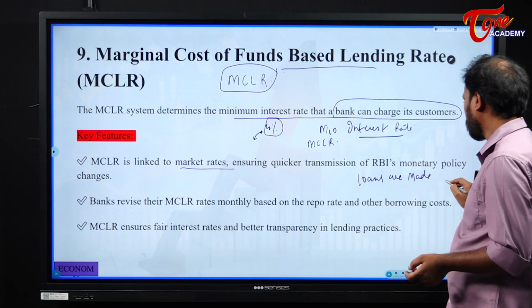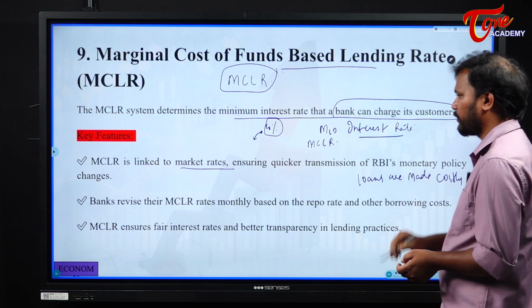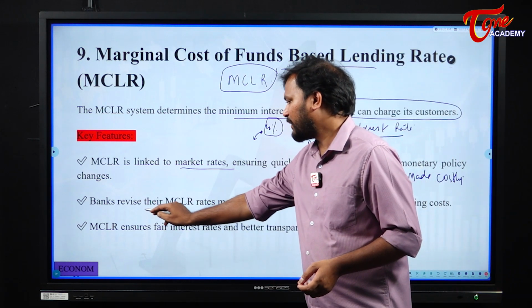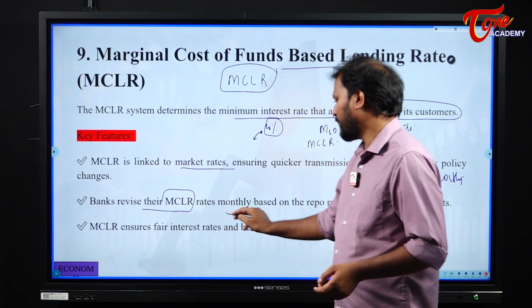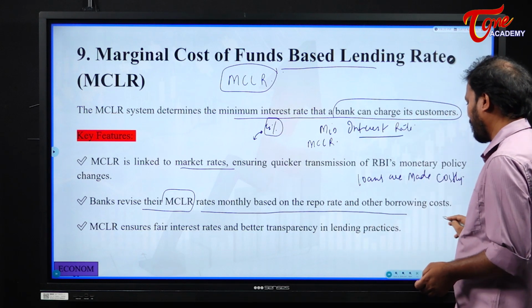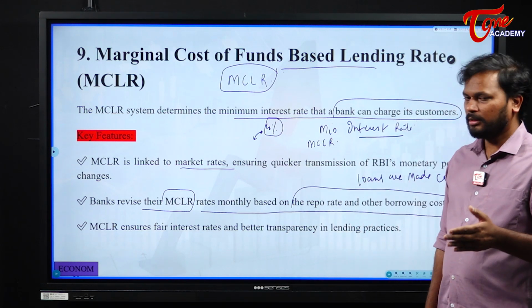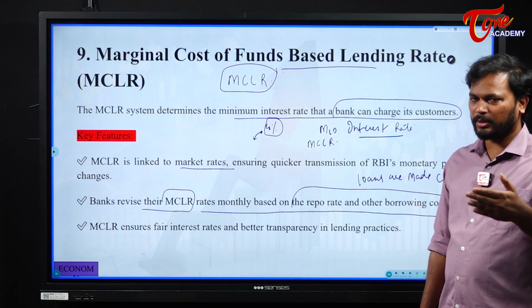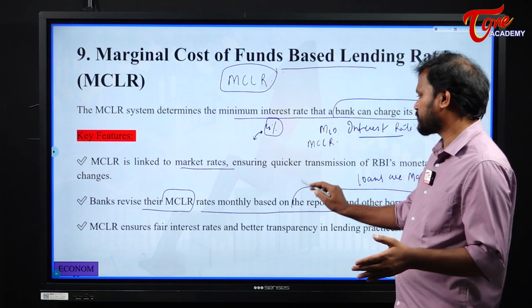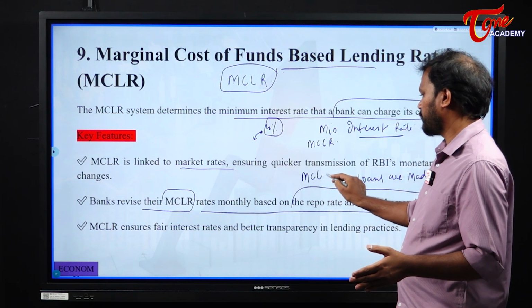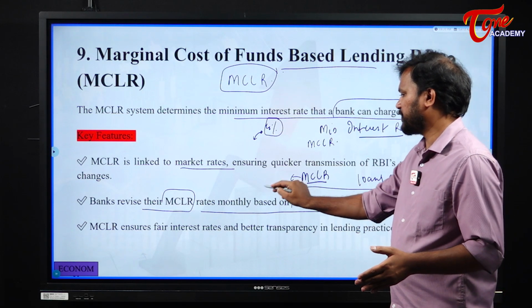Next, banks revise their MCLR rates monthly based on the repo rate and other borrowing costs. Clear? So based on the repo rate and other borrowing costs, the MCLR also changes.